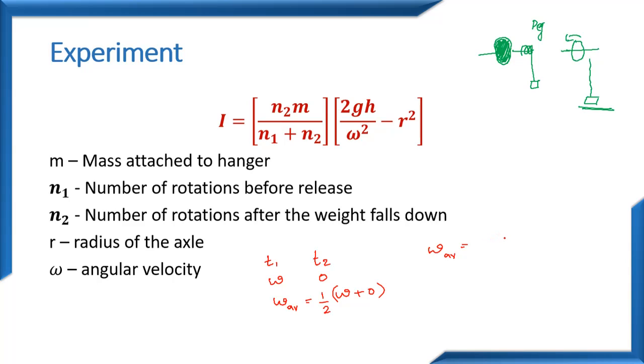So, velocity is actually displacement by time. So here we have 2 pi into the number of times it has rotated after the mass has fallen down. So what is that? It is n2. n2 is the number of times the flywheel has rotated after the mass has fallen down, divided by the time taken for that. So this time is the time interval between t1 and t2.